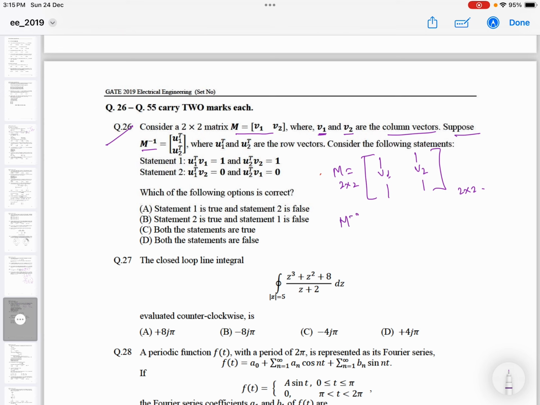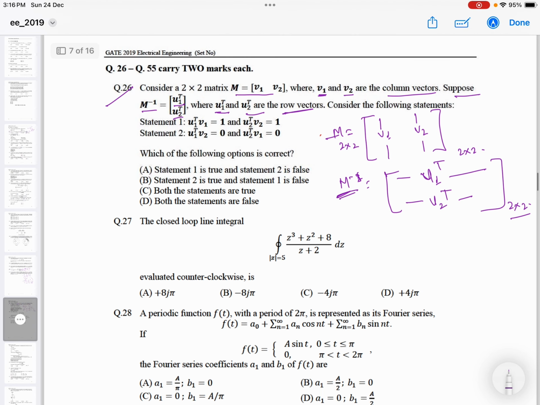We are given this M inverse, and we are given u1 and u2, which are the row vectors. So u1 is this one and u2 is this one, right? Again this will be 2 by 2, because M is 2 by 2, so M inverse is again 2 by 2.